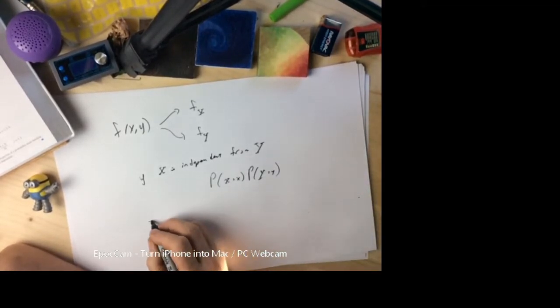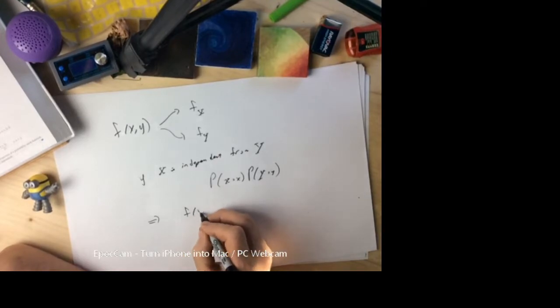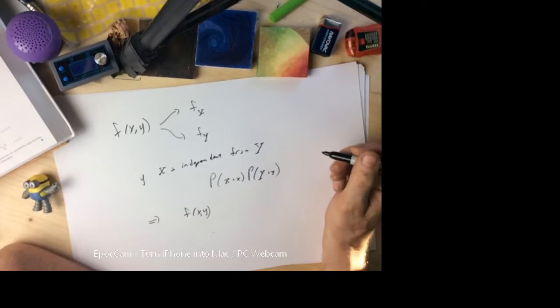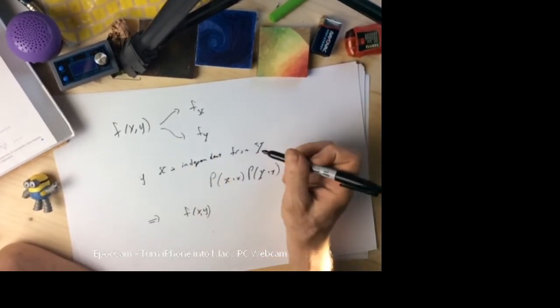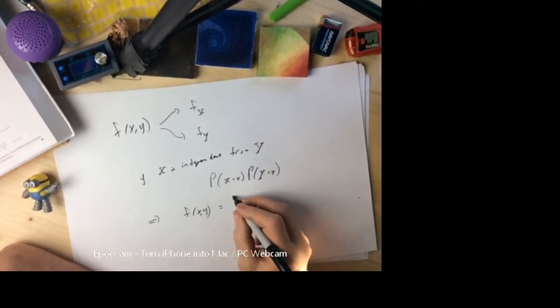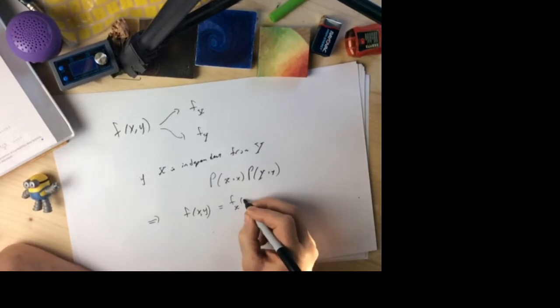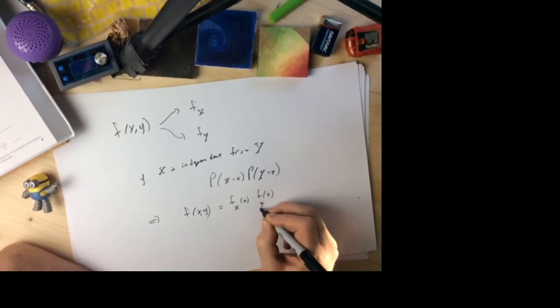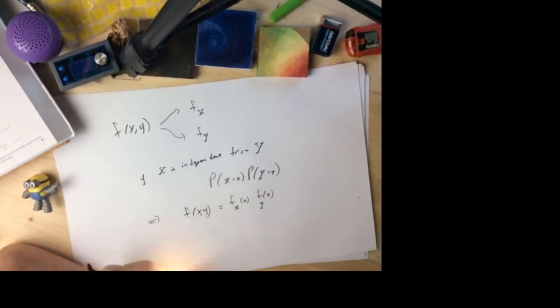But that makes something very interesting happen here. It says, and it's not hard to prove, that the distribution function f of xy, when it comes from a bivariate, is equal to the f sub x of x times the f sub y of y. That's how it must occur.